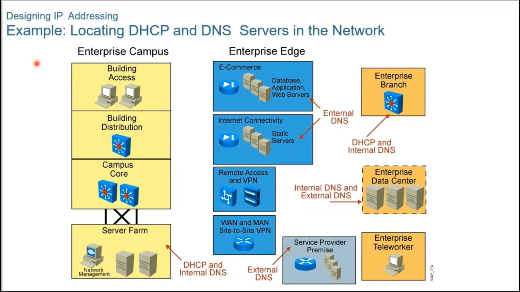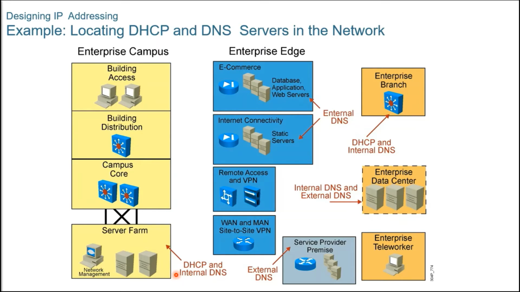Example of locating DHCP and DNS servers in the network. As illustrated in this diagram, the DHCP and DNS servers can be located at multiple places in the network, depending on the service that they support. For the enterprise campus, DHCP and internal DNS servers should be located in the server farm. These servers should be redundant.